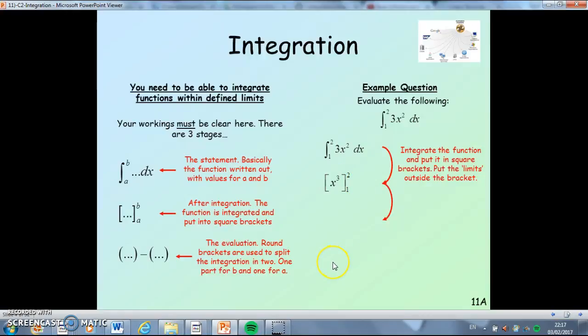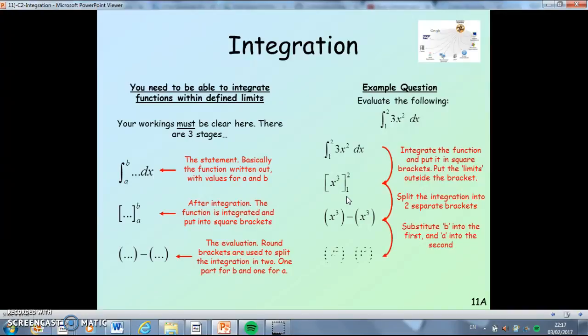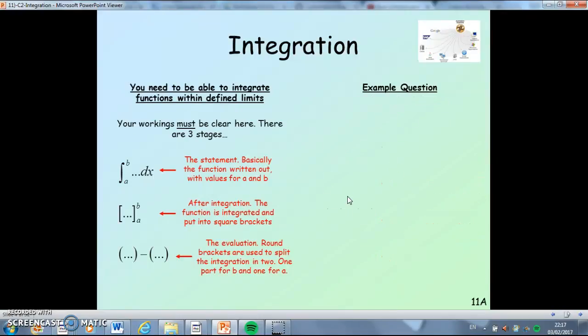Now, we substitute in the values of 2 and 1. 2 cubed equals 8, and 1 cubed equals 1. So 8 take away 1 equals 7.